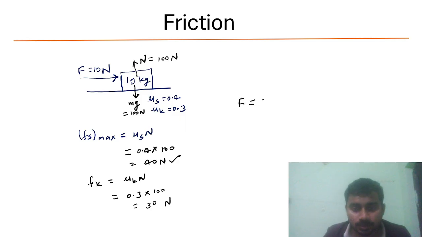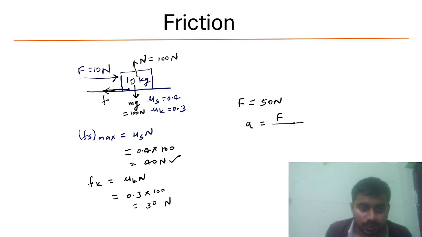So to have any acceleration for this body we should have a force greater than or equal to 40 Newton. Let's say we are applying a force of 50 Newton, then what will be the acceleration? Acceleration will be force. And see, when the body starts to move, then there will be a kinetic force. When the body is in relative motion, the friction force that is getting applied will be known as kinetic friction.